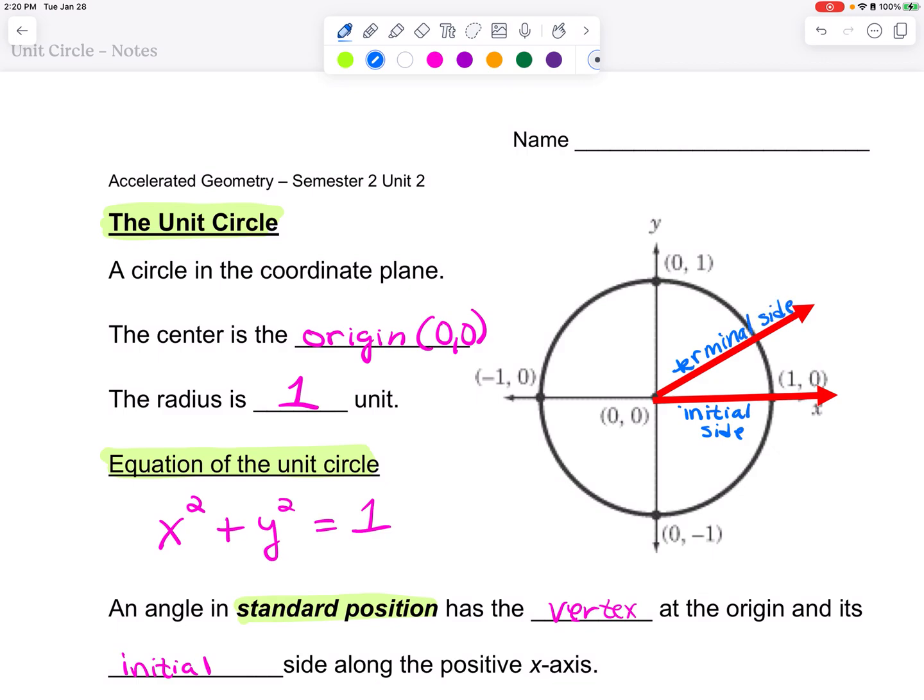Remember, the angles are made of sides. And we look at the angle measure going counterclockwise. And instead of using a variable, we're going to use the Greek letter theta as the unknown angle measure.